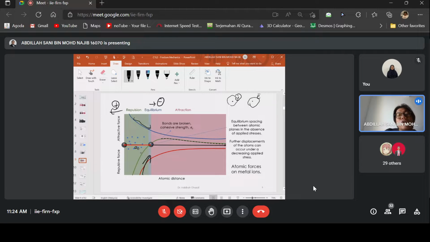What happens if you go this way, to the left? The repulsion will become stronger than the attraction. The rate of change of repulsion will be more, and the total of the force would be in a repulsive direction.